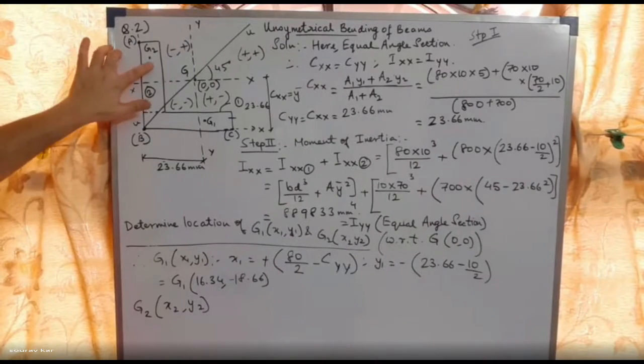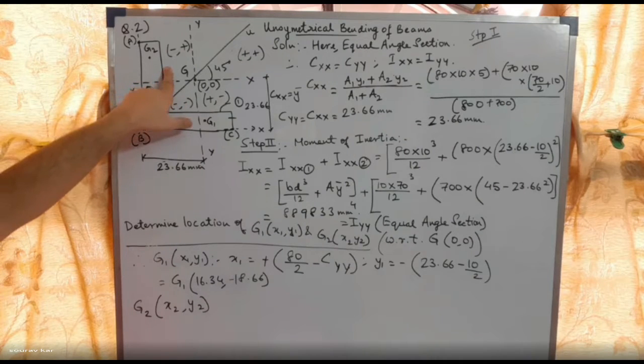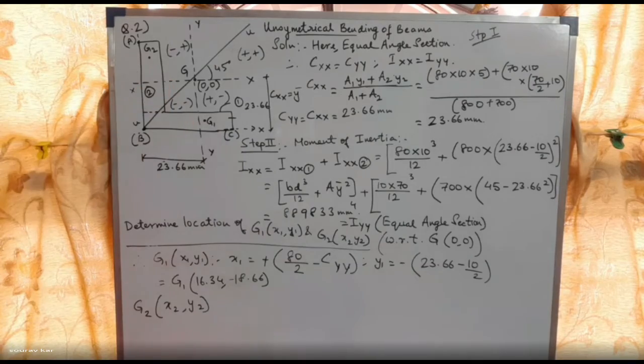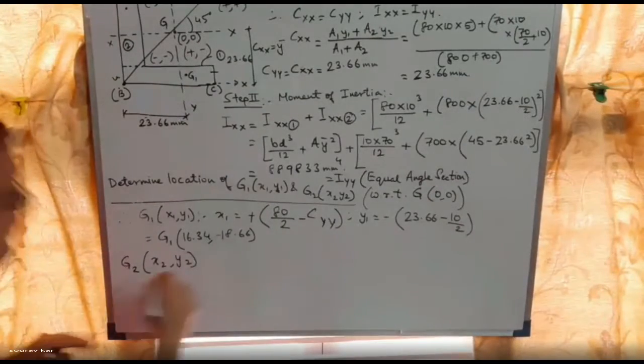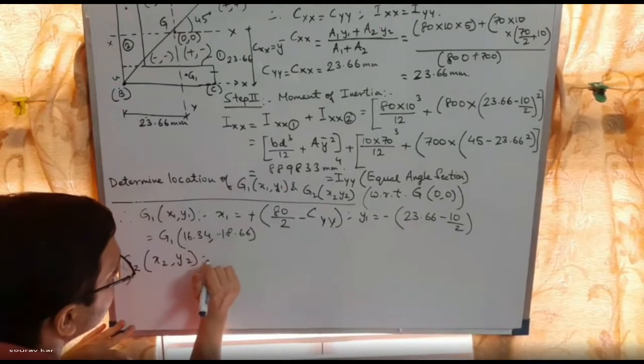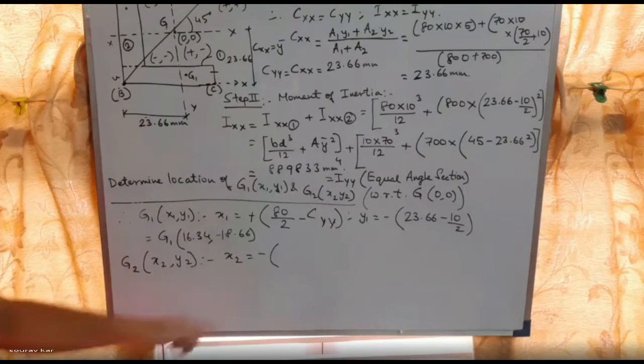G2 का लोकेशन देखो, सेकेंड क्वाड्रेंट, फर्स्ट सेकेंड थर्ड फोर्थ. सेकेंड क्वाड्रेंट में क्या है? x नेगेटिव y पॉजिटिव, राइट? x आ जाएगा नेगेटिव, y आ जाएगा पॉजिटिव. तो x2 विल बी नेगेटिव.